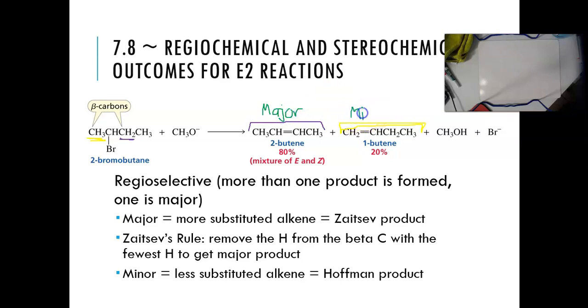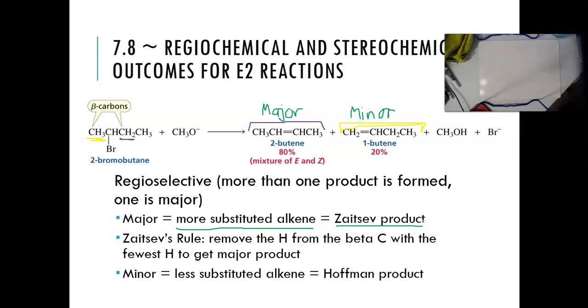And 1-butene is our minor product, the one in smaller quantity. Now here's our rule of thumb. The major product is the one that has the more substituted alkene, and we call this the Zaitsev product.